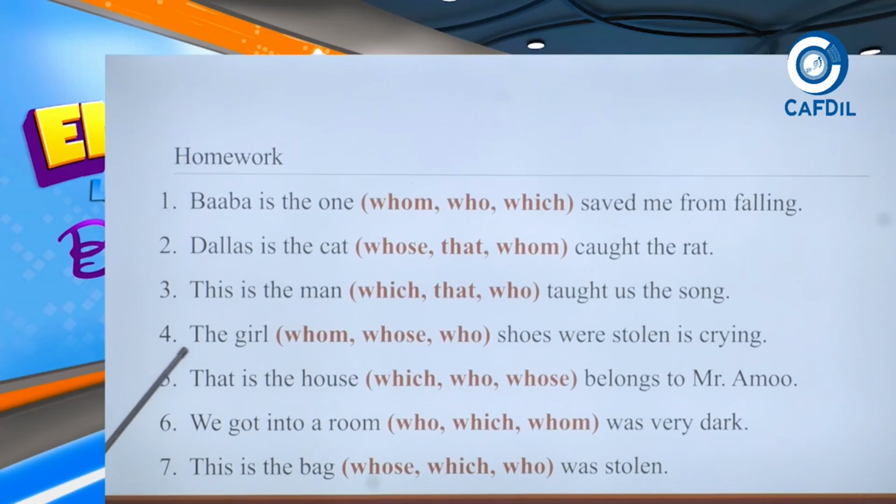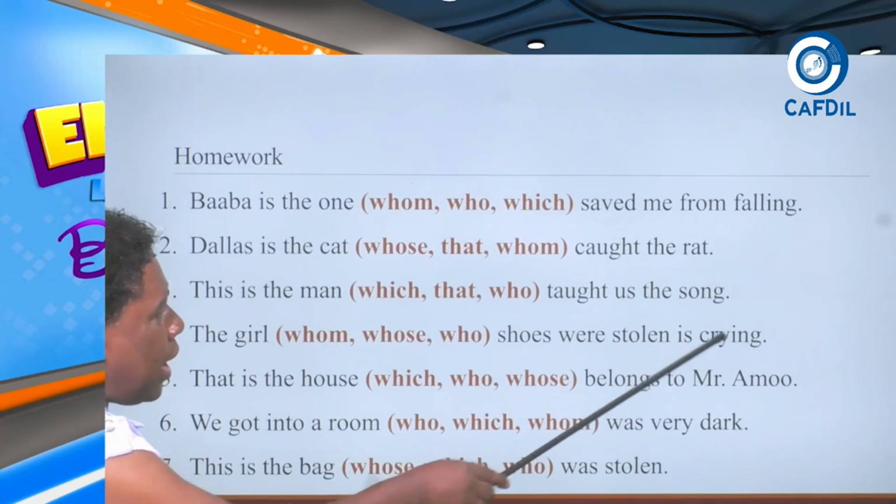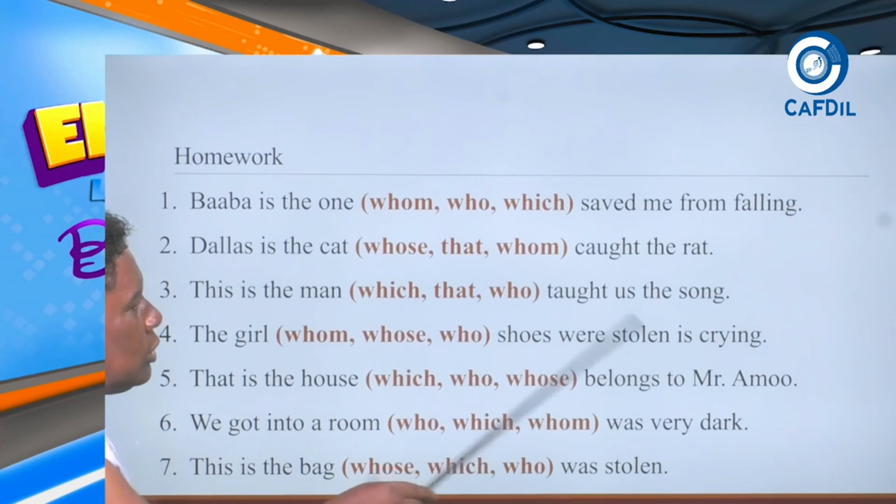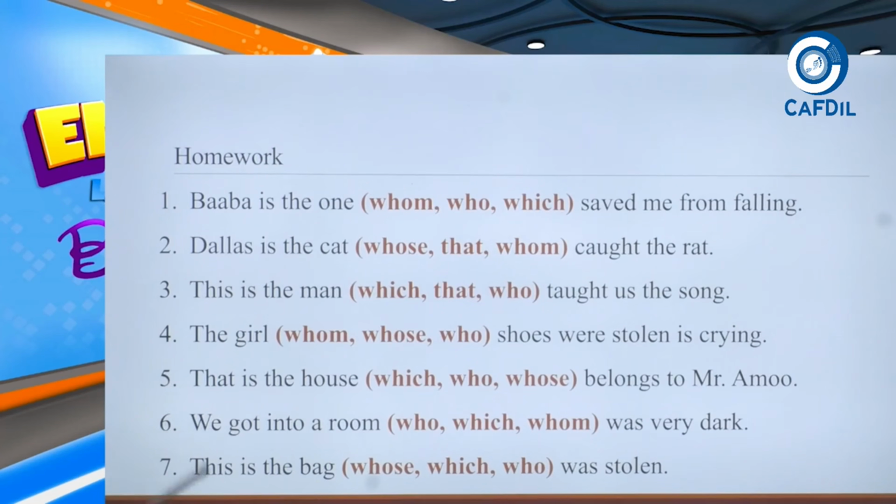4. The girl. Again in the bracket we have whom, whose, who, shoes were stolen, is crying. Here again, you have to look carefully into the bracket and select the correct relative pronoun. 5.